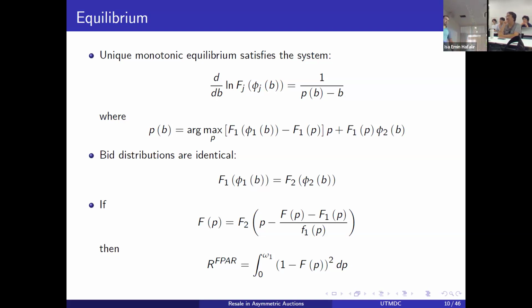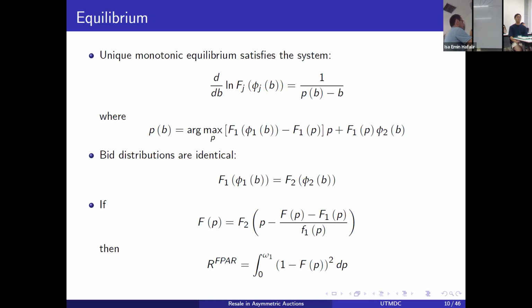But in the paper we have this as i and j, and i and j can change where the values are. In the presentation, I assume this kind of distribution, F1, F2, and therefore only bidder 2 will be making an offer to bidder 1. Whenever bidder 1 wins, bidder 1 will not make an offer.